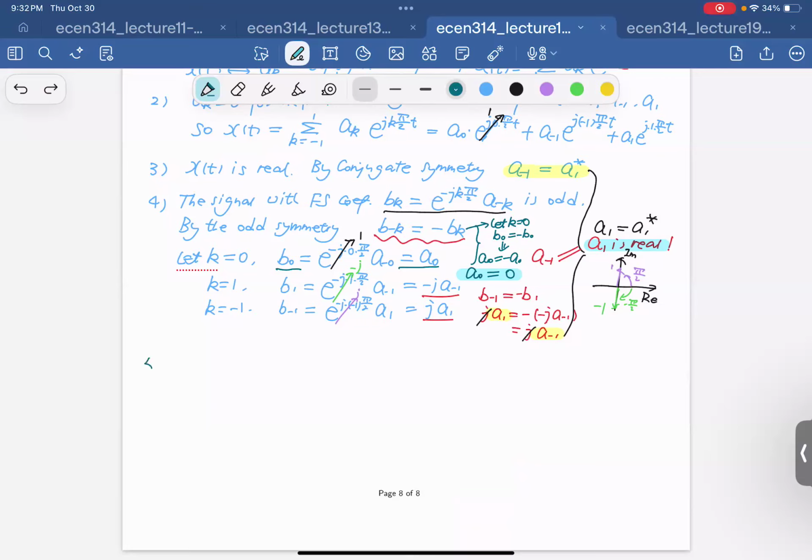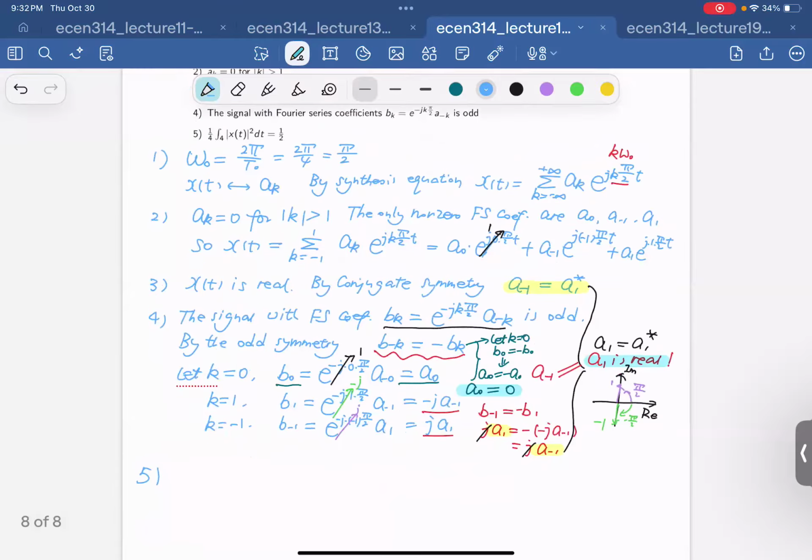Okay, so 5, basically the last, is telling us that, on the left, 1/4, right, integral over a length of 4, and then squared norm of x of t dt, and that is nothing but 1 over T naught, right, over the squared norm integrated over T naught.